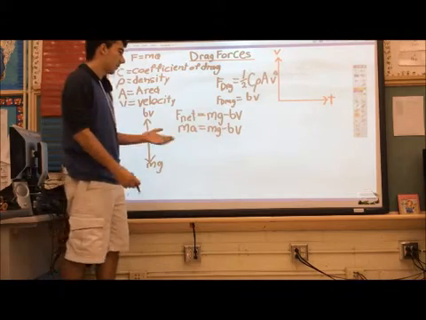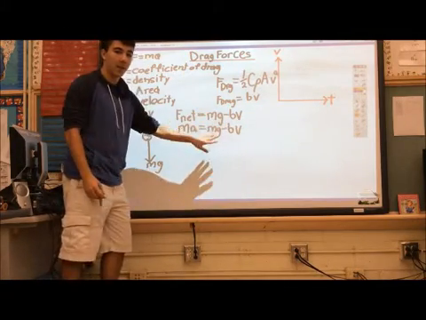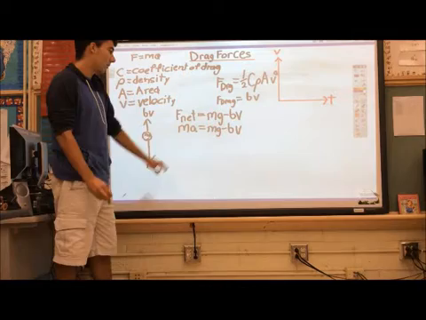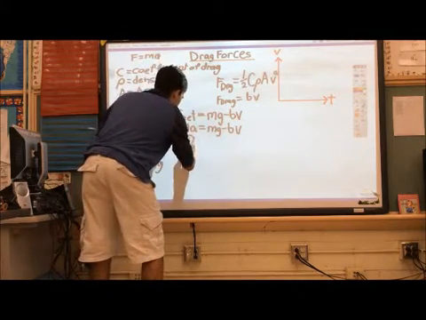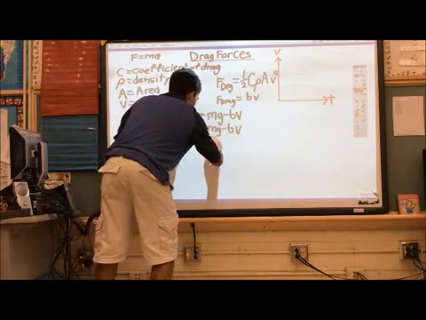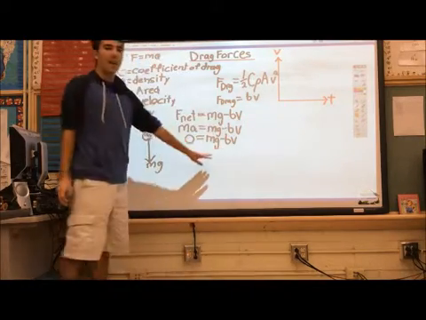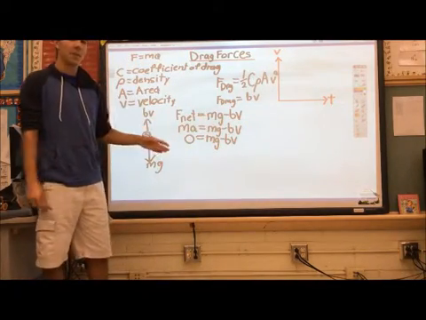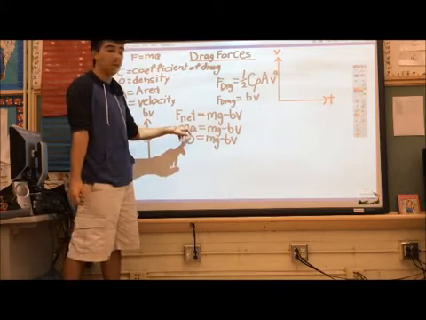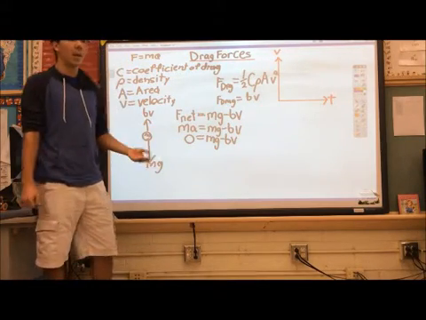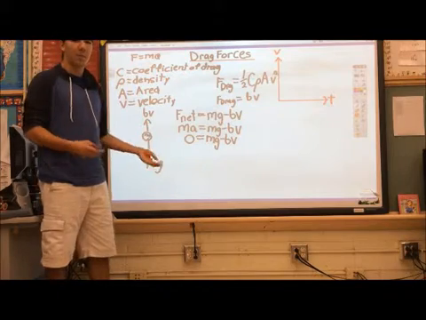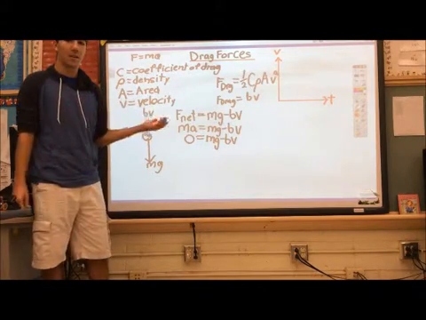And when that happens, since these are the same force, this will equal 0. So 0 equals mg minus bv. But at that point, the velocity will no longer change since there's no acceleration. So that is what we call a terminal velocity, which is different for each object.